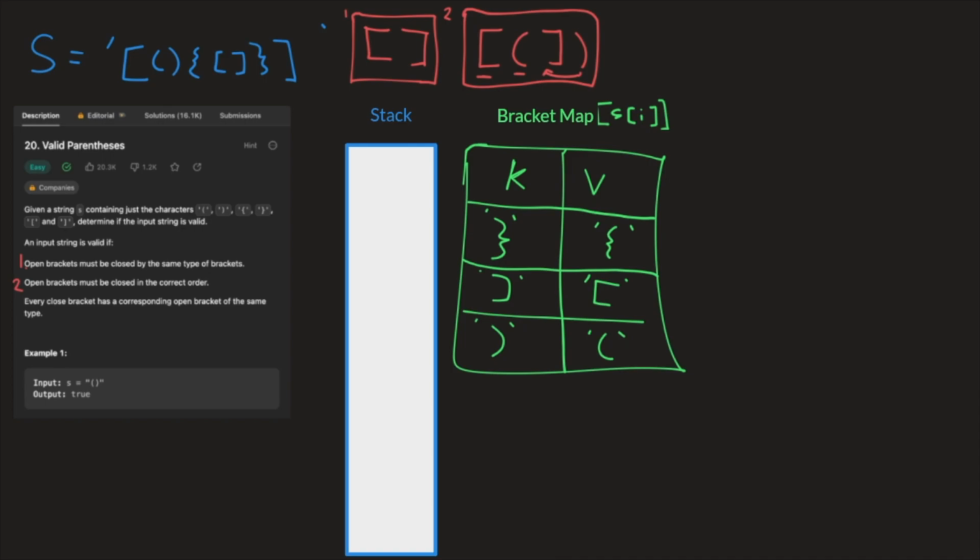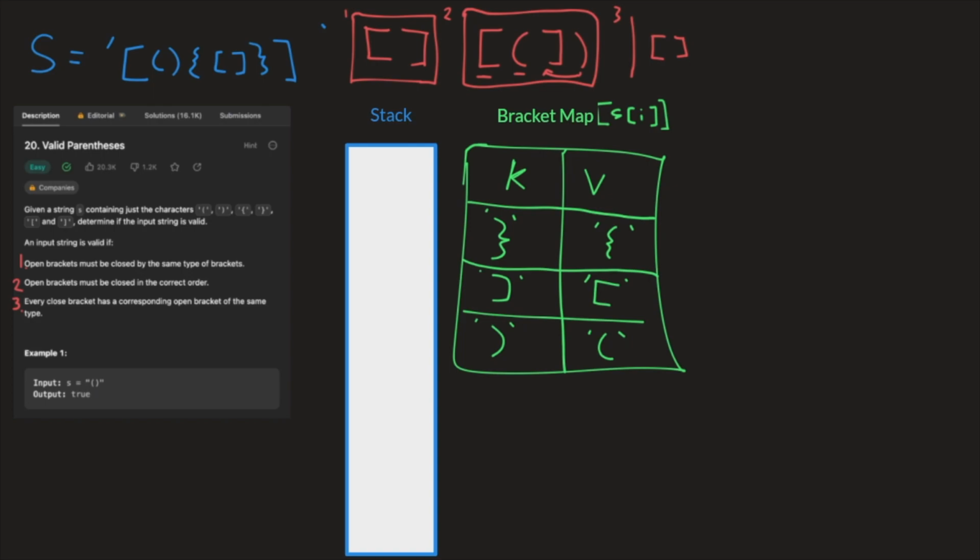And then rule number three is every closed bracket has a corresponding open bracket of the same type. So this means that we have an open bracket, and then every single bracket is going to have a closing bracket of the same type, and every closing bracket is going to have an opening bracket of the same type.